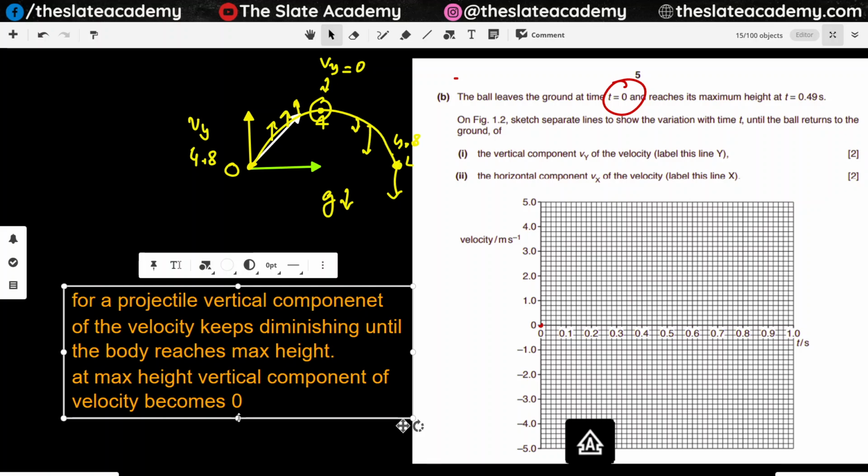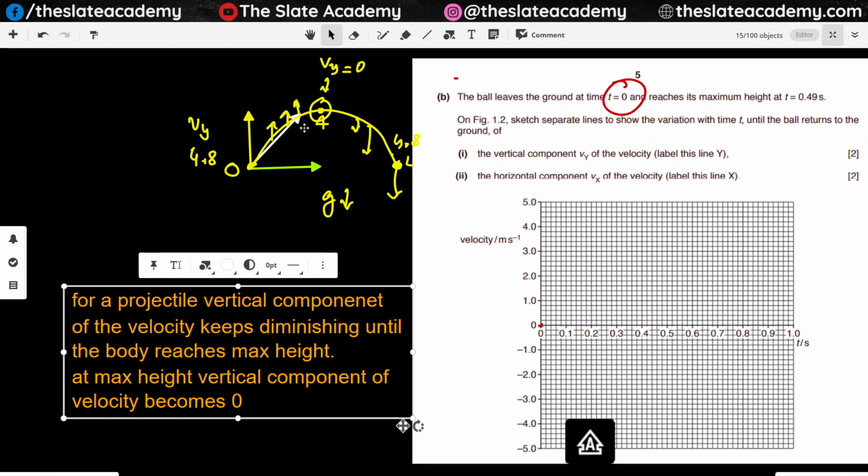As this goes from O to A, it will be deceleration. So at this point it would be something else, at this point something else, but there would be a constant deceleration.